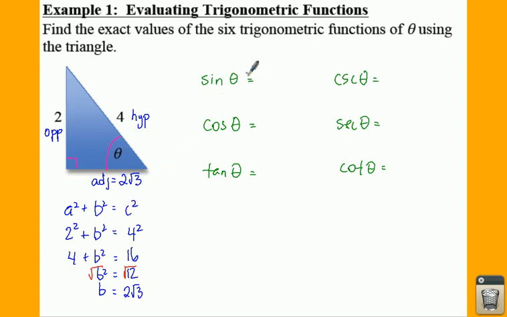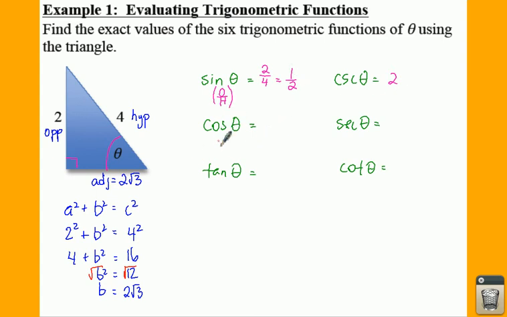Alright, so for your first example here, for your sine of theta, we just want to find the opposite over your hypotenuse, the SOH part. So your opposite side is a 2 over your hypotenuse, which would be a 2 over 4, which reduces to a 1/2. Now since we have our sine, we might as well do our cosecant. Cosecant then is just going to be a 2, because you just take your sine and flip it.